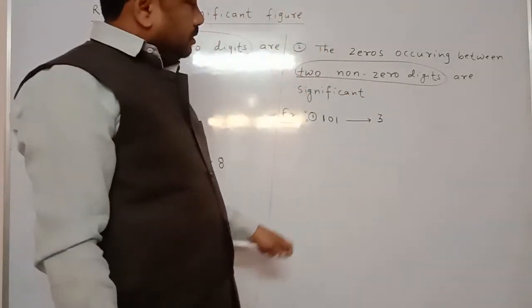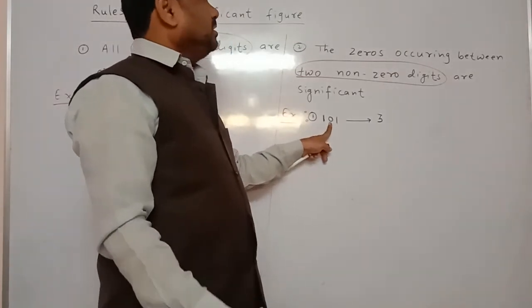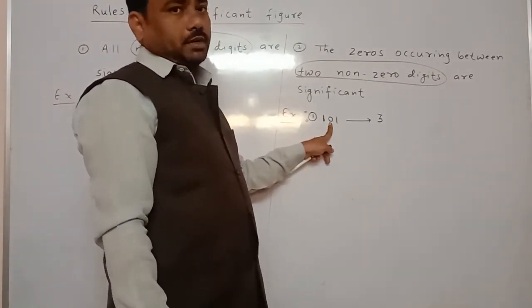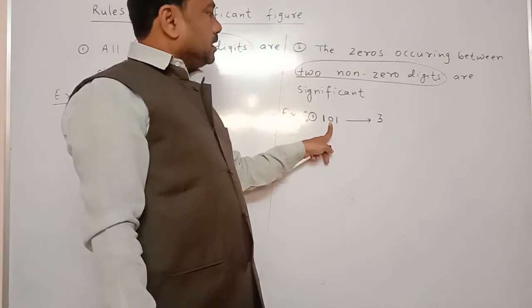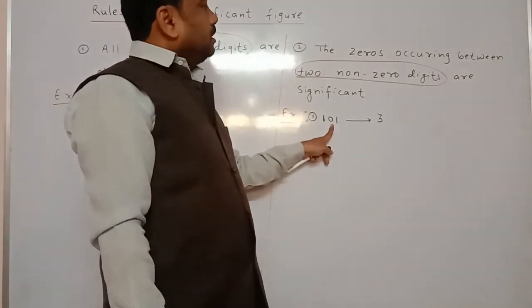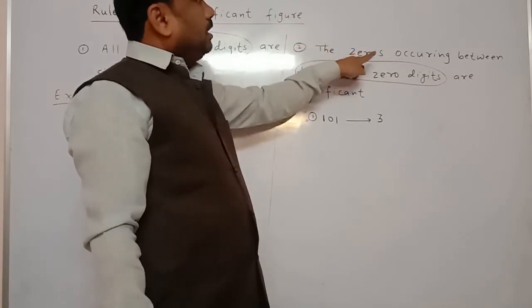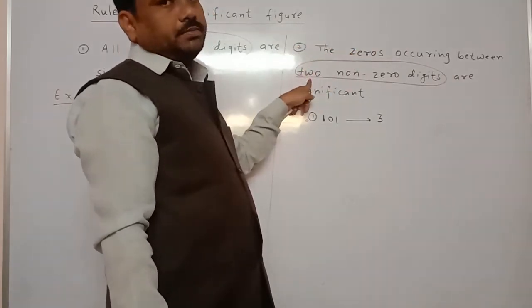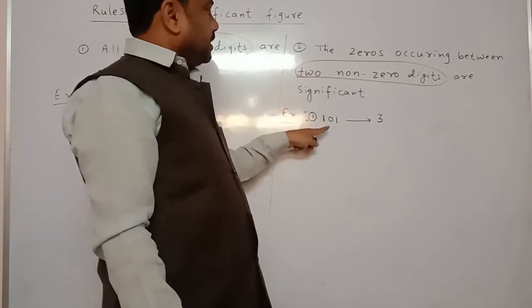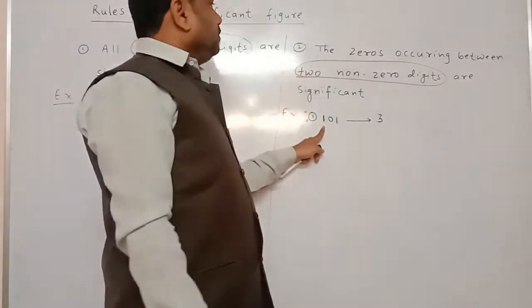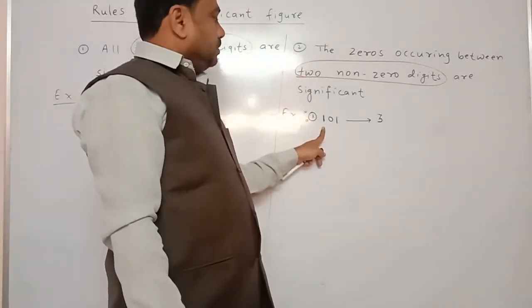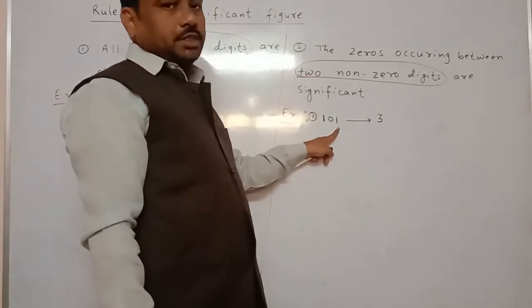You have to count this 0 as a significant number. Why is this 0 called a significant number? Because our second rule tells us the zeros occurring between. Occurring between means the 0 must be present in between two non-zero digits. So here which are the two non-zero digits?